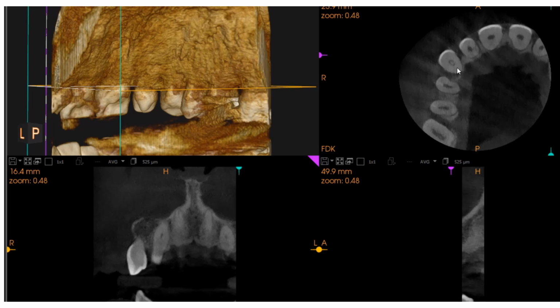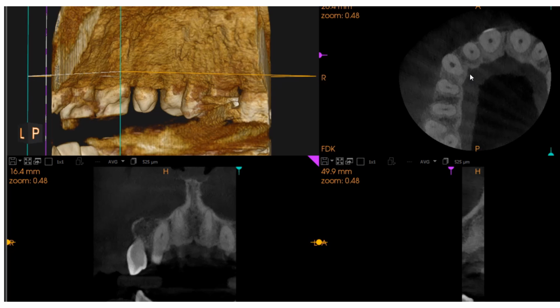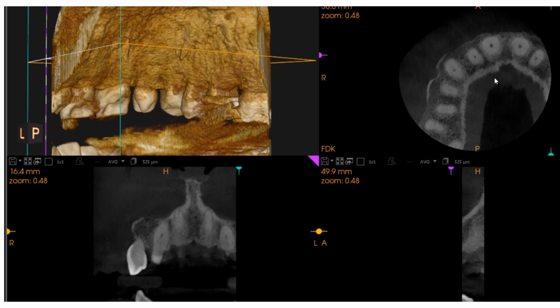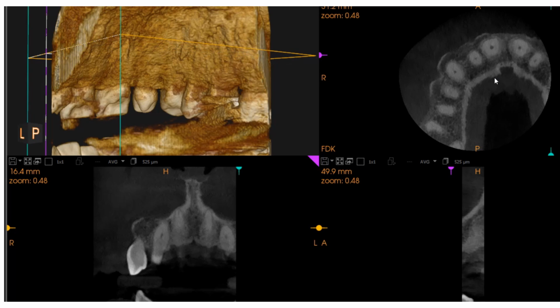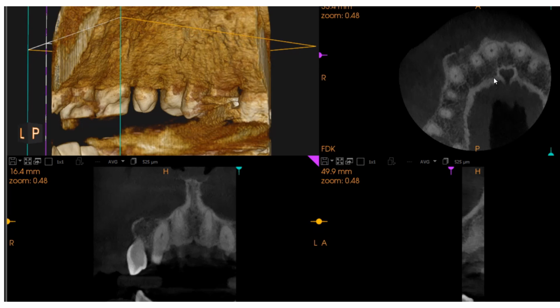As we go up apically, I didn't see any lesion, to the end, and there is no lesion.